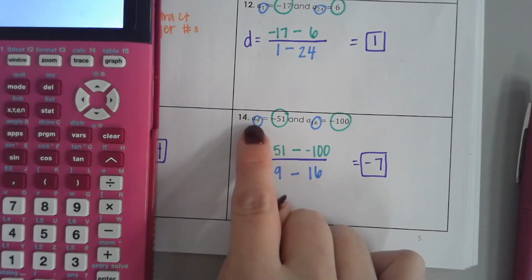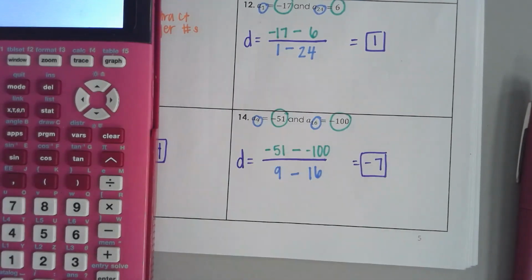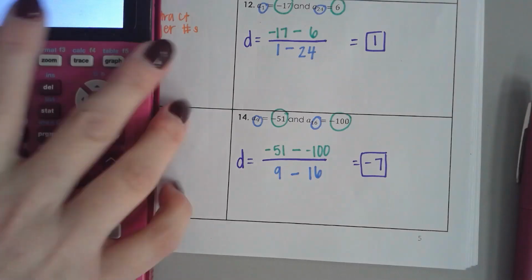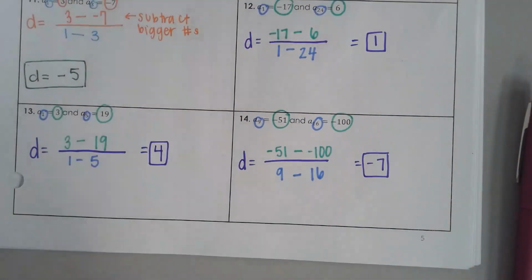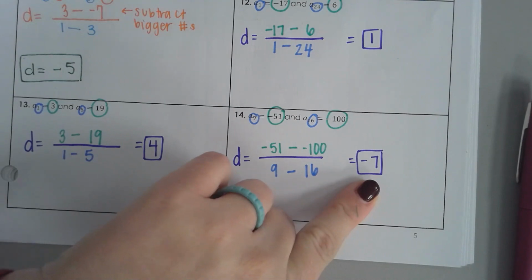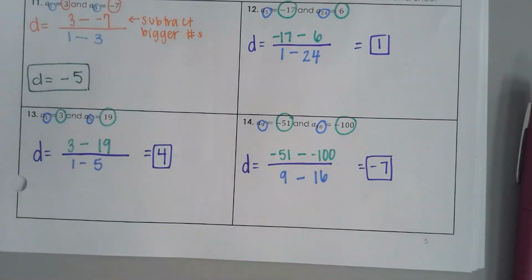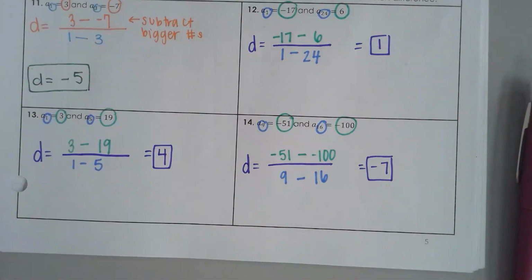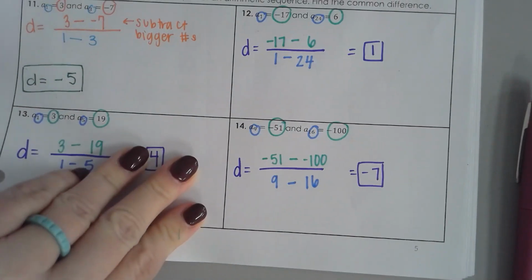And then 9 minus 16 on the bottom, which gives you negative 7. It's not necessarily wrong if you get a decimal or a fraction. It technically could be, but I'm probably not going to give you any that would give you a common difference of a decimal. Okay. Now let's go to the next page.